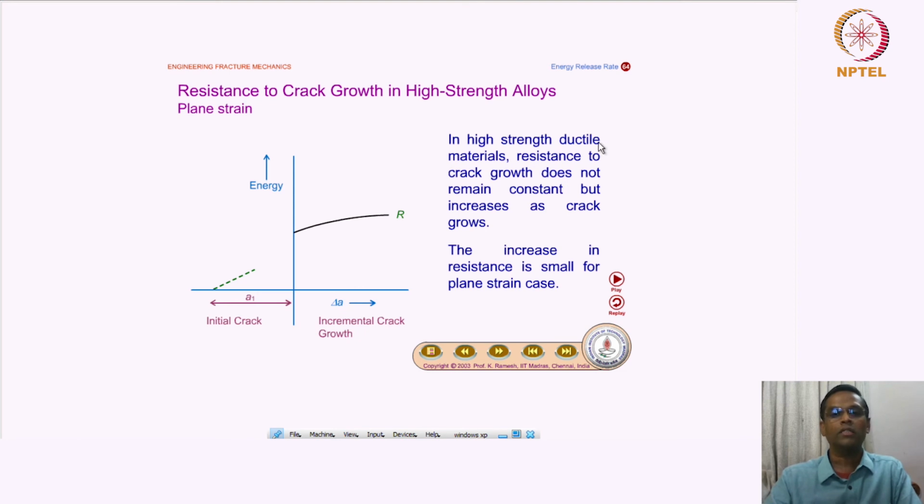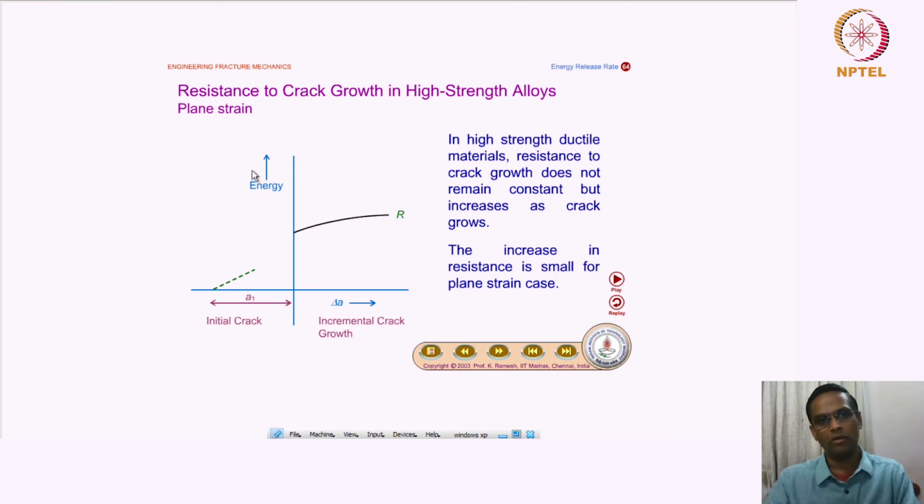In a high strength ductile material, resistance to crack growth does not remain constant but increases as the crack grows. So it is not a flat R like we have used in our previous schematic. In high strength alloys, it grows a little bit, so that is why it is shown in a slightly curved fashion. So R increases like this for high strength alloys. The increase in the resistance is small for the plane strain case.